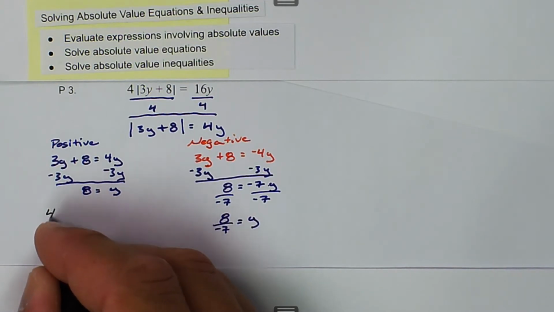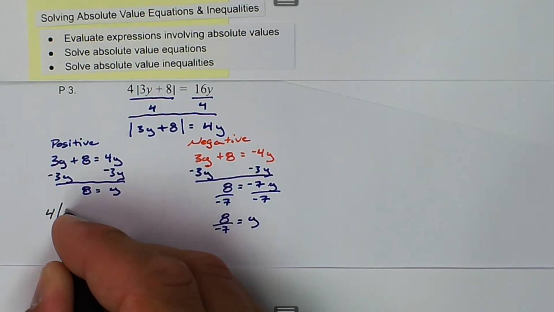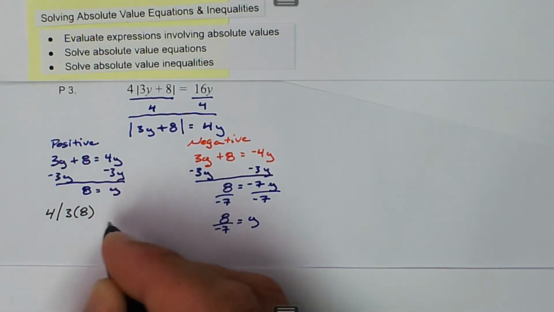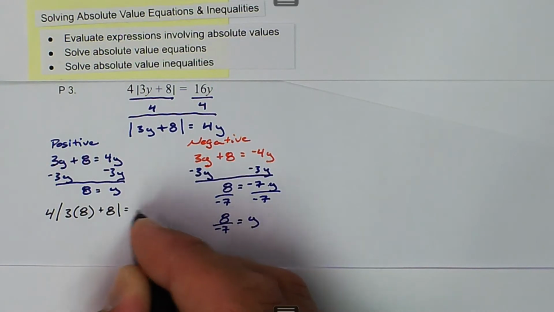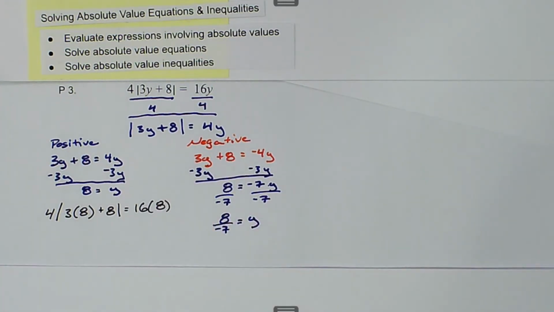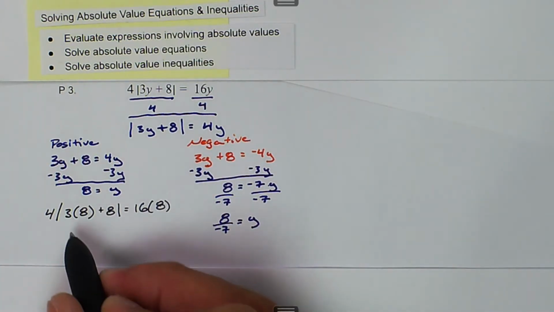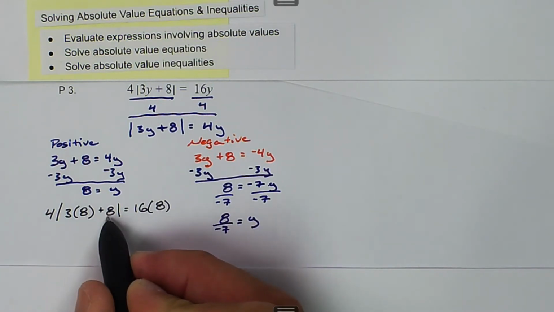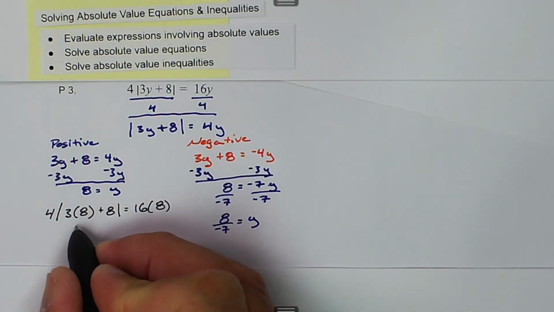So then we get 4 multiplied by the absolute value of 3 times 8 plus 8 is equal to 16 times 8. So 3 multiplied by 8 is 24 plus 8.